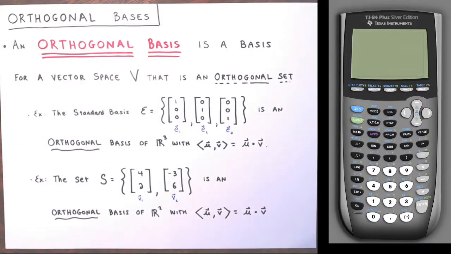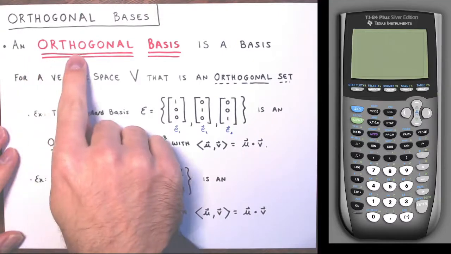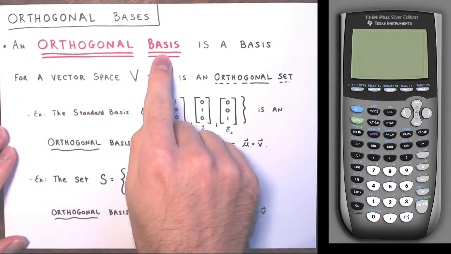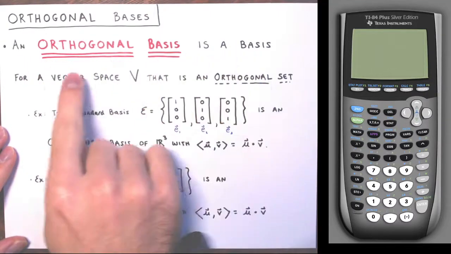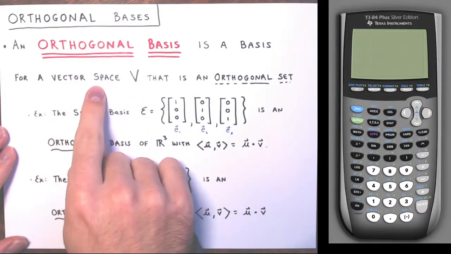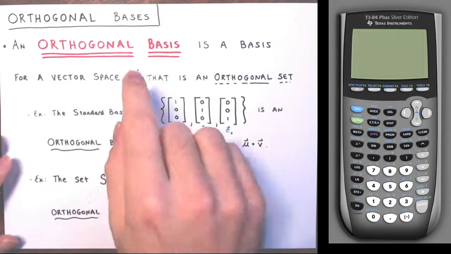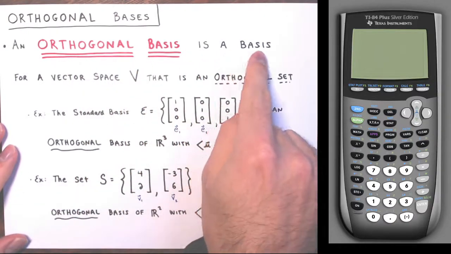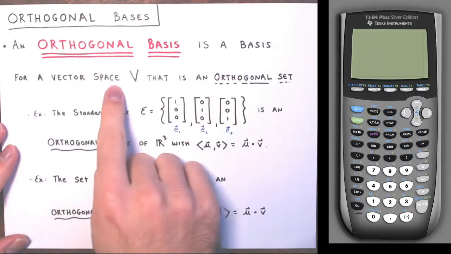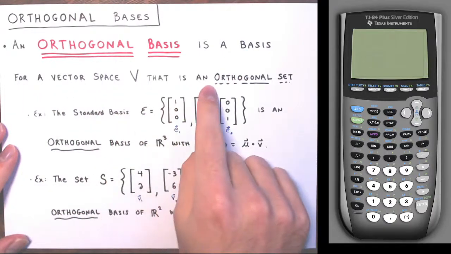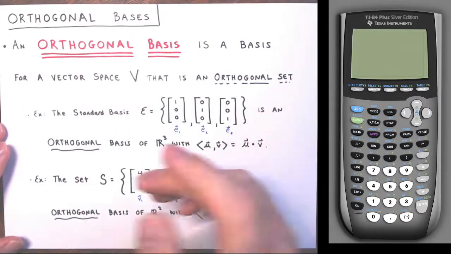So here, definition. An orthogonal basis is a basis for a vector space, namely an inner product space, a vector space with a certain inner product defined on it. An orthogonal basis is a basis for a vector space V that is an orthogonal set.